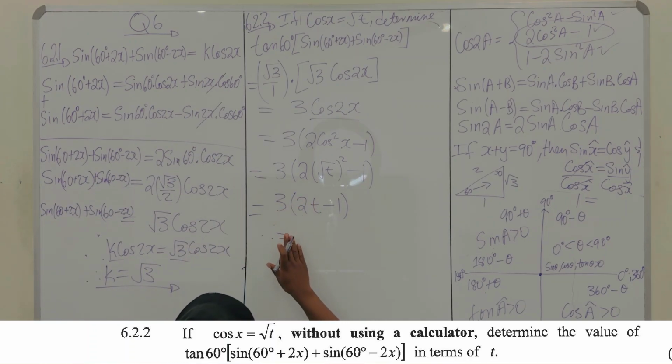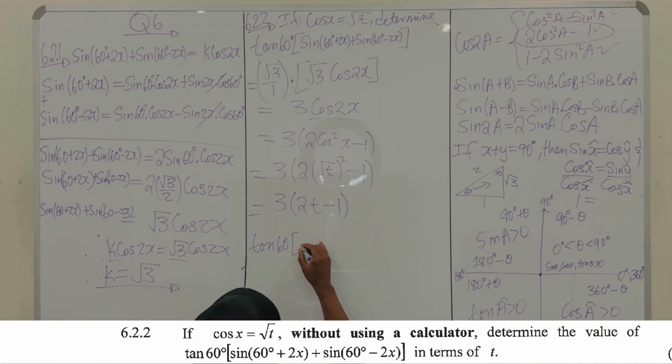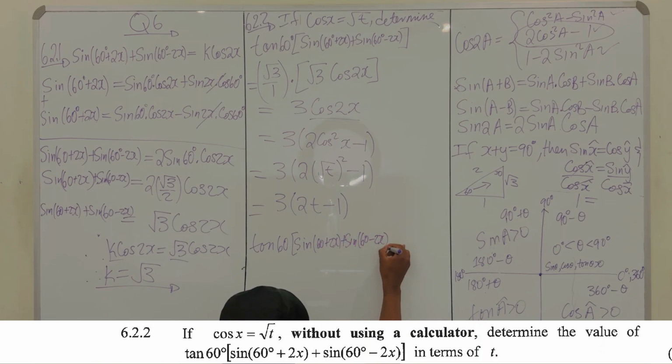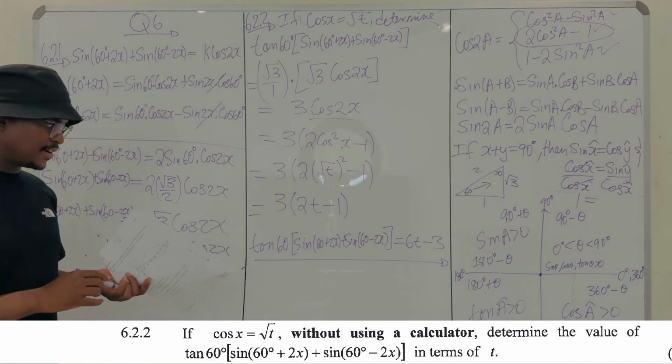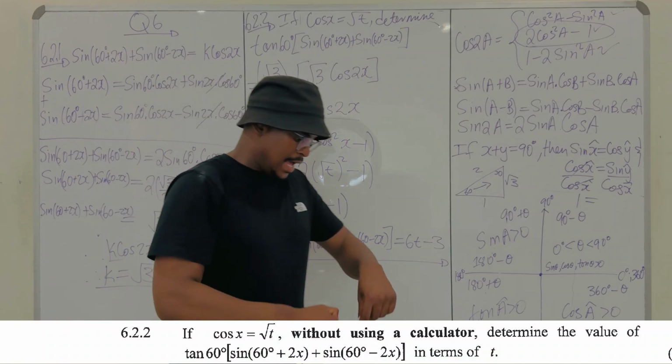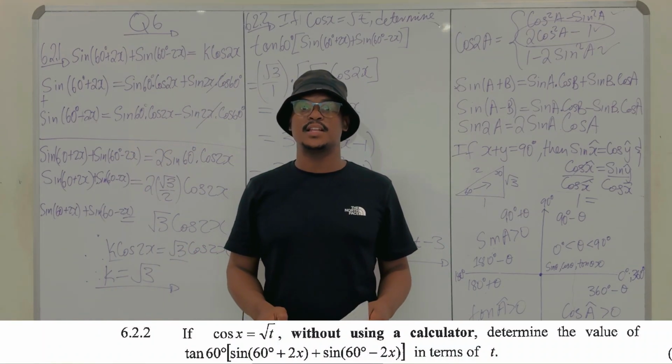Therefore, our tangent of 60 degrees times the sine of 60 plus 2x plus sine of 60 minus 2x will be equal to 6t minus 3. There you go. Looks like this is our final answer. And we are done with this question.